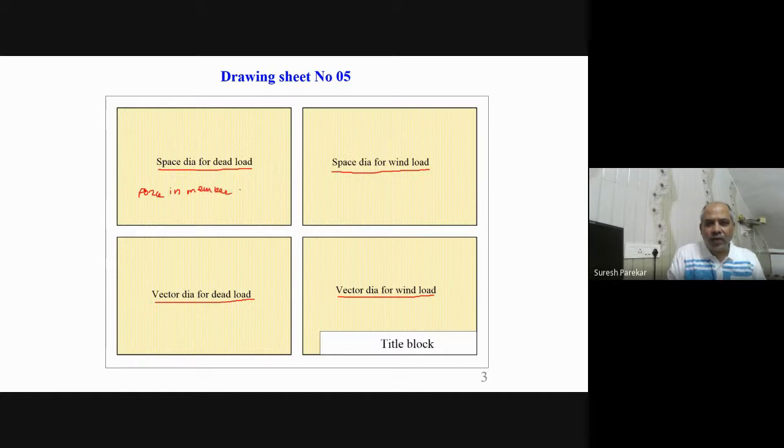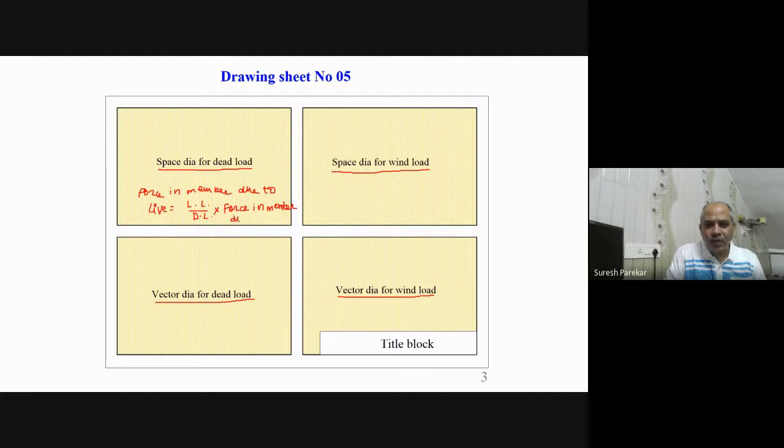due to live load equal to live load divided by dead load into force in member due to dead load.